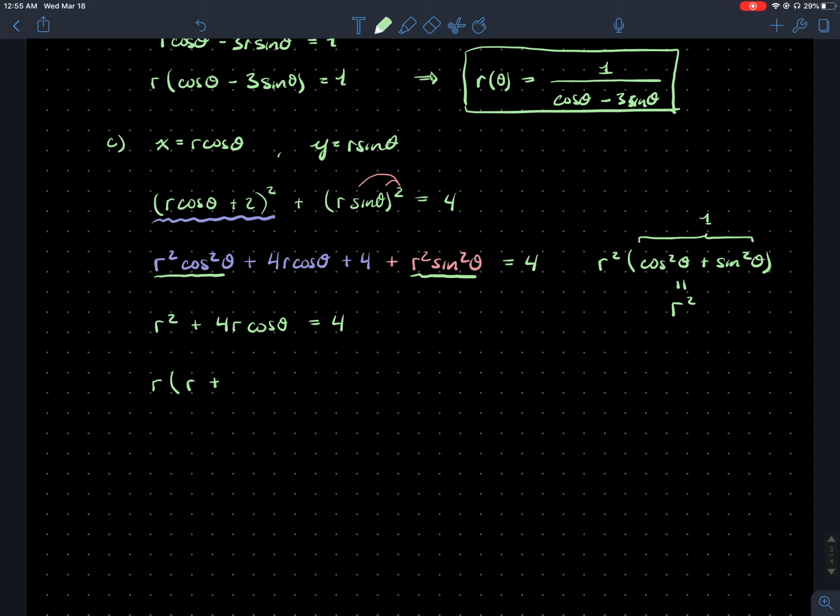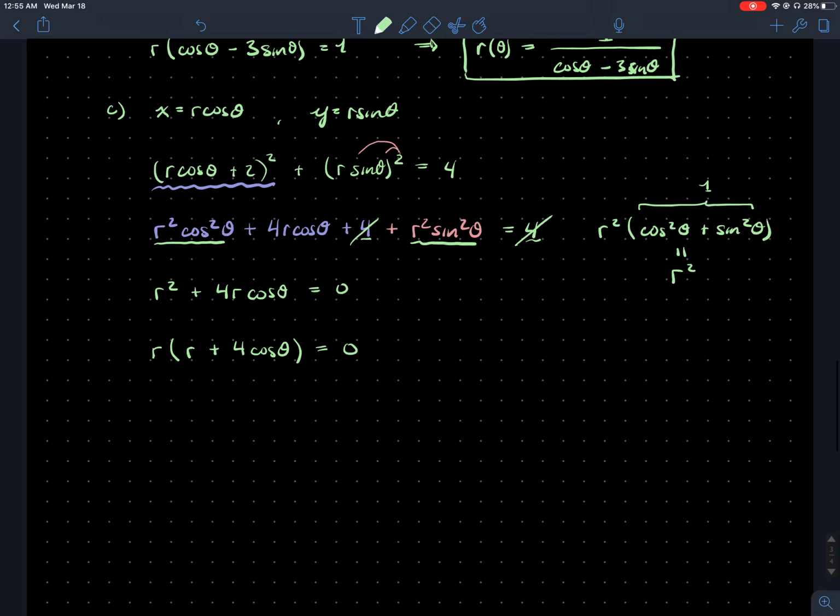We notice that this 4 and this 4 cancel out when you subtract the 4 over, so we have equal to 0. Now we have r times (r plus 4 cosine of theta) is equal to 0.